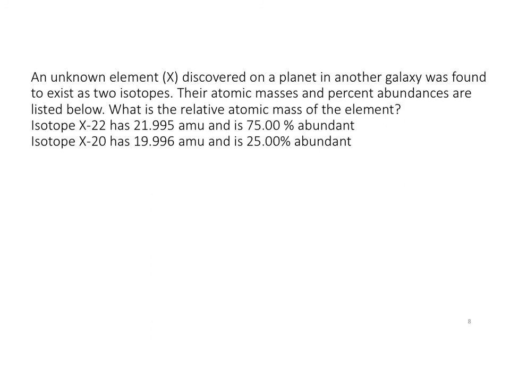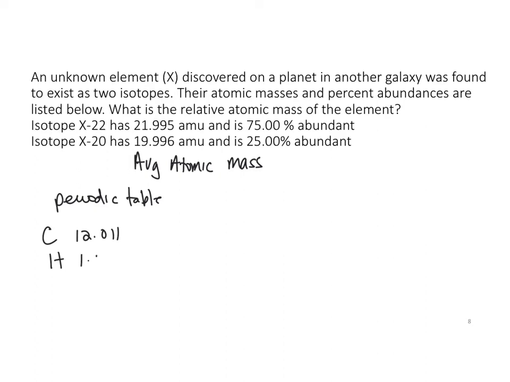Something else you need to be able to do is the average atomic mass calculation. That is the mass number you see in the periodic table, and it will have lots of numbers after it. Like carbon is 12.011. Hydrogen is 1.008. But when you did your mass for your isotopes, like carbon 12, because you can have carbon 14, this mass number was in atomic mass units.